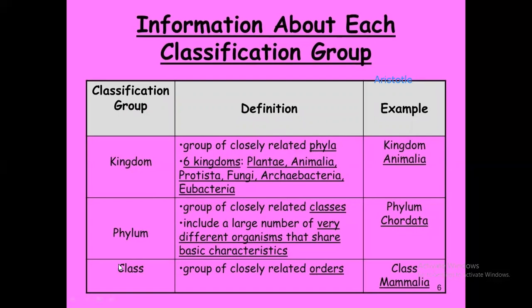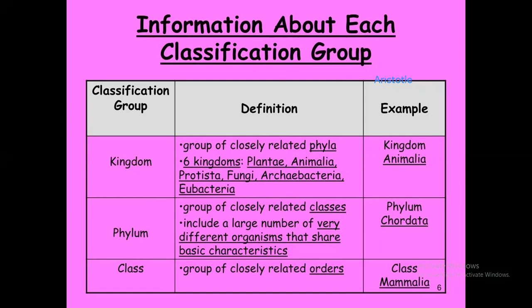The second one is phylum, which is a group of closely related classes and includes a large number of very different organisms that share basic characteristics. For example, phylum Chordata. Can anyone tell me in the comment section examples of some organisms in phylum Chordata? I'll be looking forward to it.